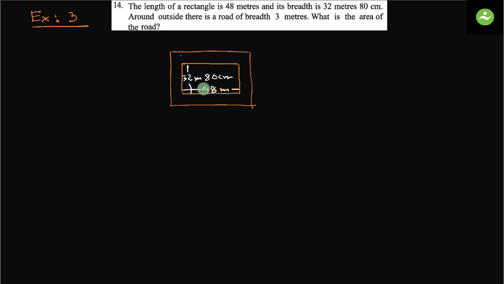Now we have to find the area of the road around this rectangle. This is the rectangle, and this is the road, and this is the rectangle including road.